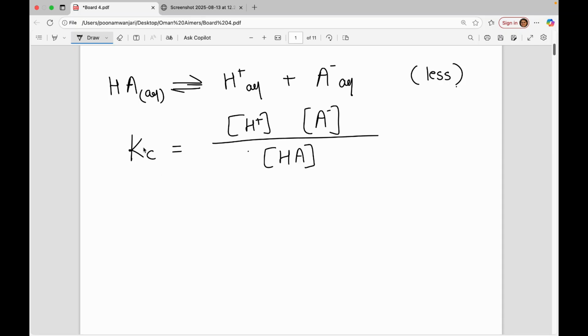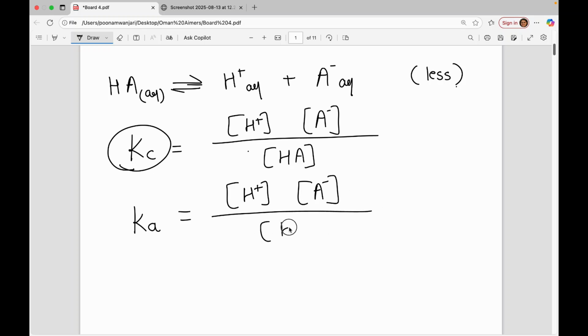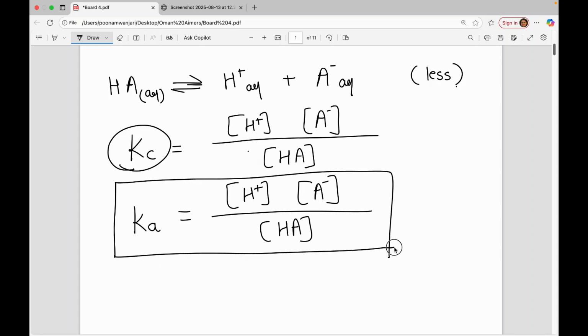But we are writing this equilibrium expression for a weak acid, so this Kc we can write as Ka, because it's the dissociation constant of the acid. It is the equilibrium constant for an acid, and this is the equation by which we can calculate the dissociation constant of a weak acid.